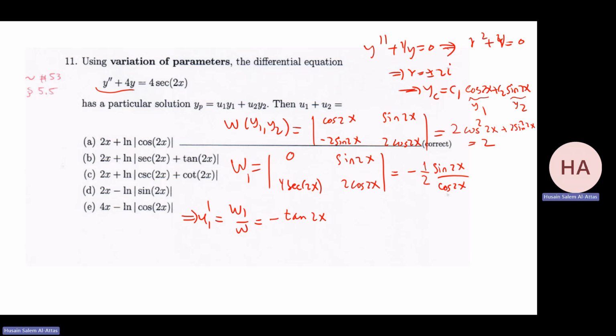I need minus half here. Okay, so u1 will be the integral of this, so I need minus half the integral of tan 2x dx. Let u equal 2x. du will be 2 dx.